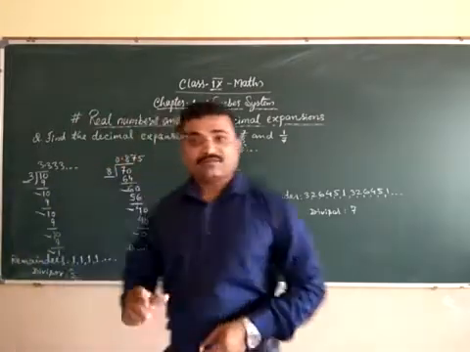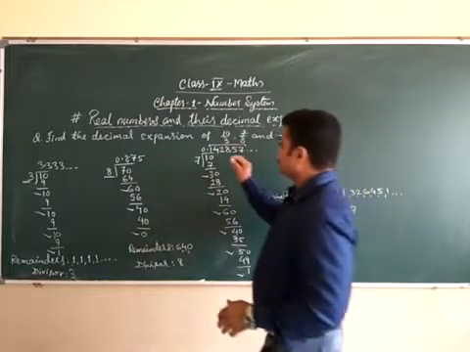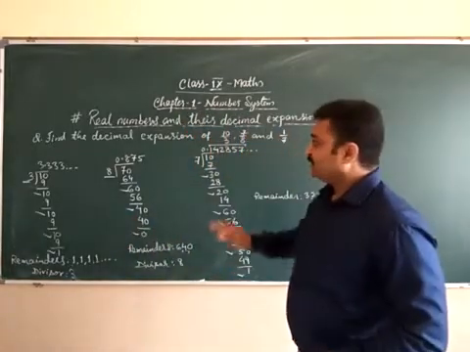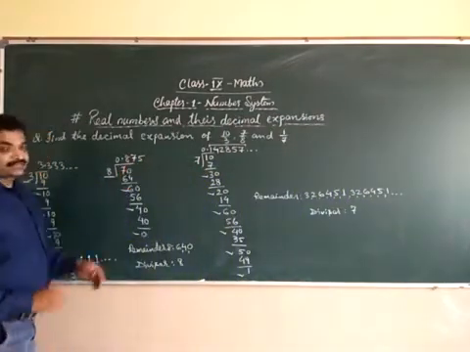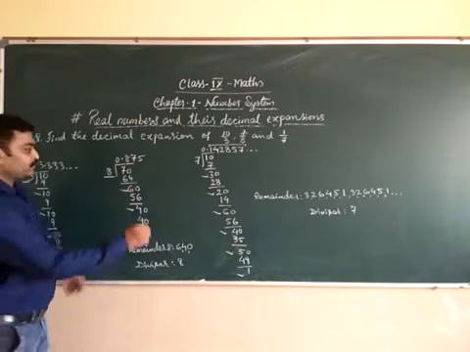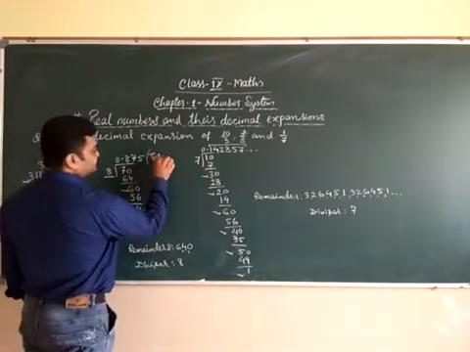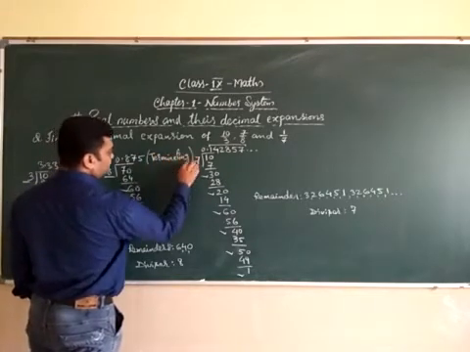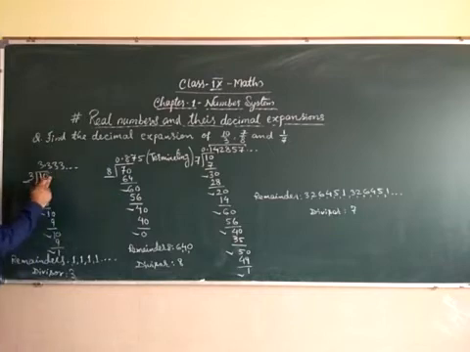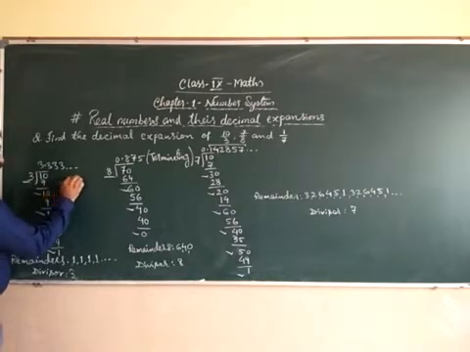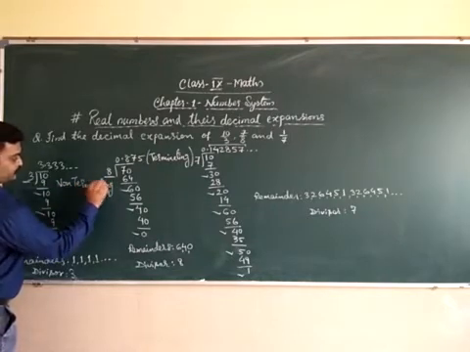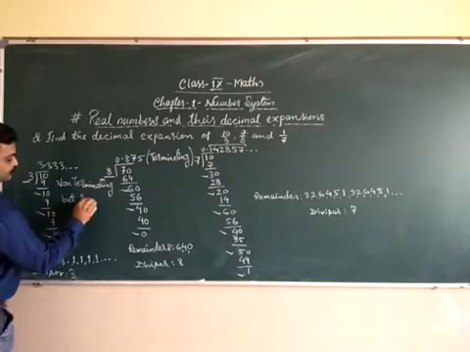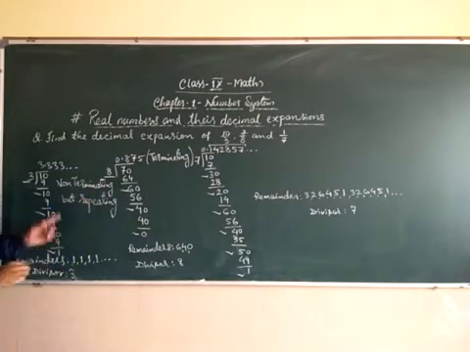So what we understand is that in the first cases, after some steps the division will stop, that is, it is terminating. Here it is non-terminating but repeating.